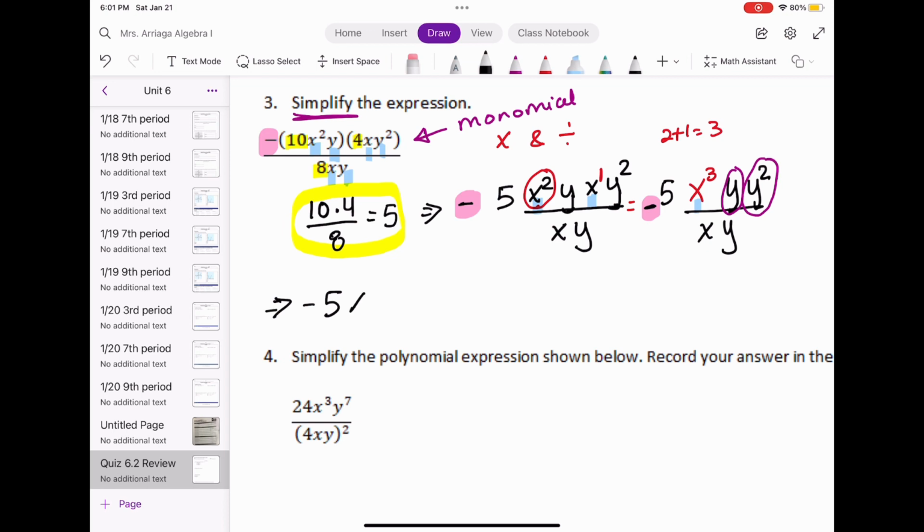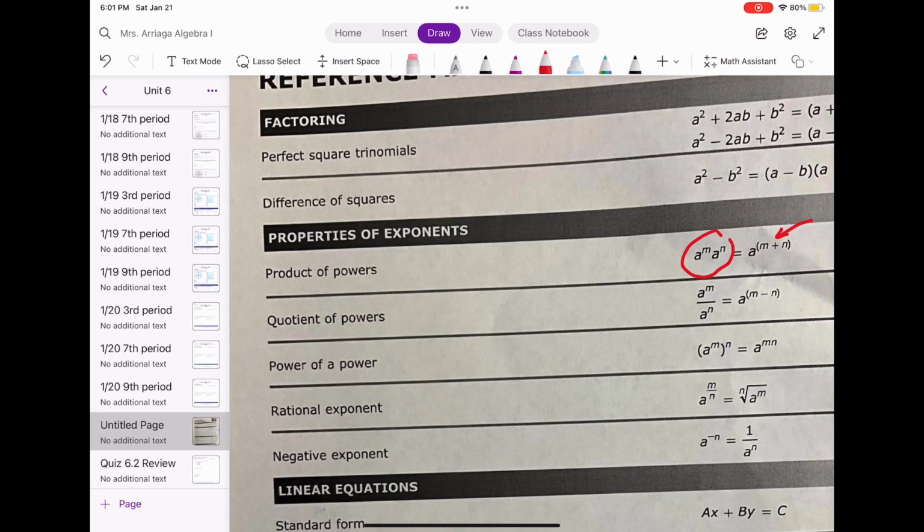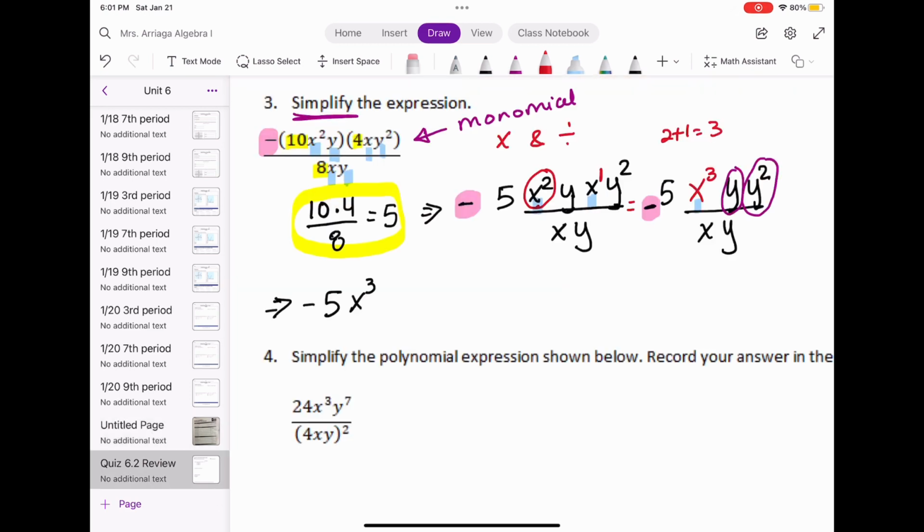We're going to use the same product of powers rule, which says we keep the base and we add the exponents. So we write the negative 5x cubed, and the y's are going to be 1 plus 2 equals y to the 3. Everything else, remember, stays the same.